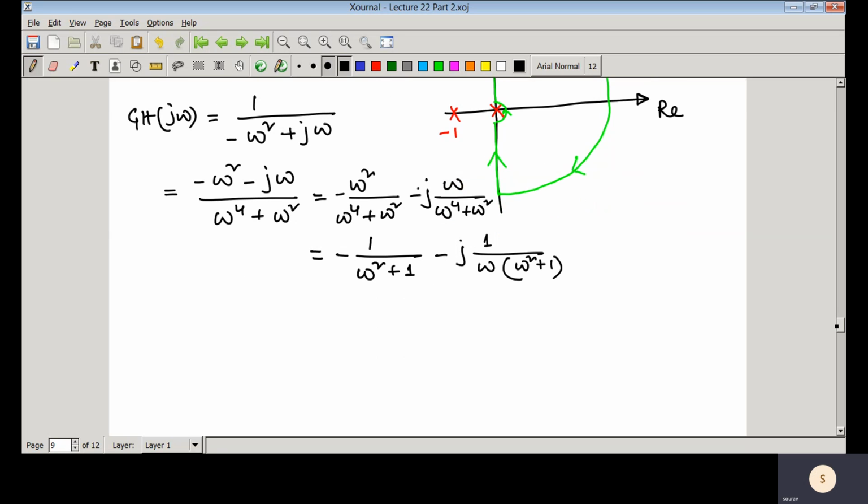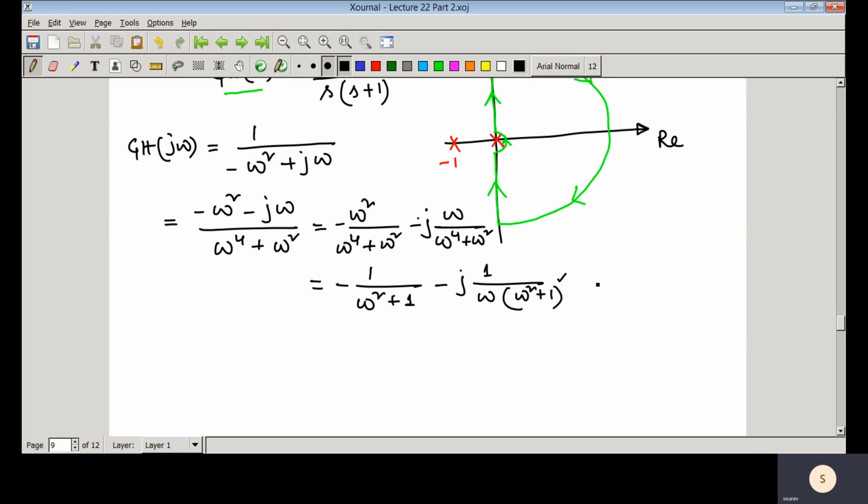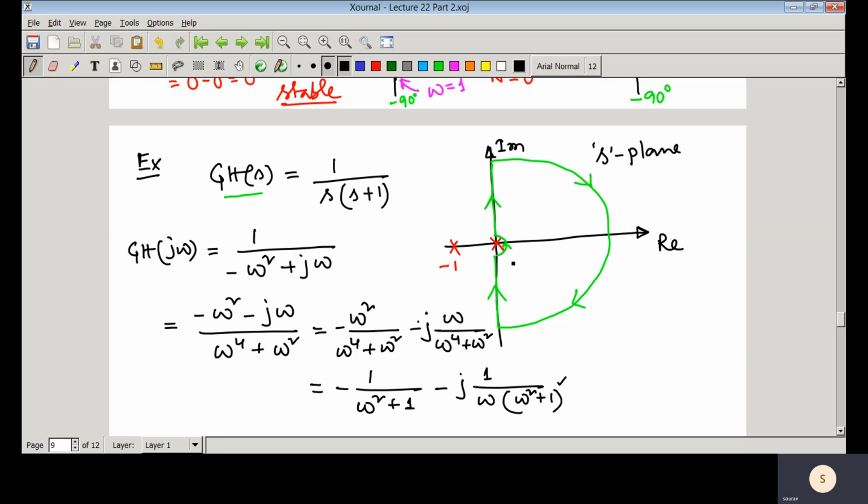And the next step: you can see that the imaginary part would be not equal to 0, and we can see what happens in this particular part.